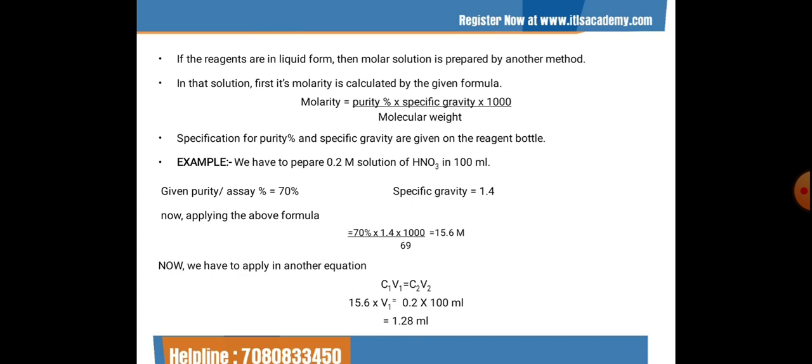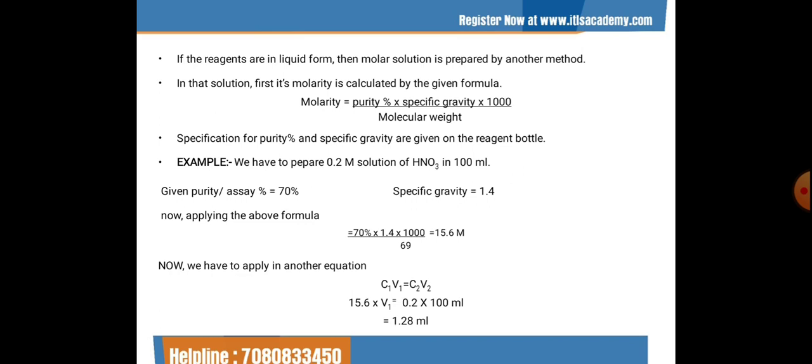You should keep in mind whether you are making a solution taking the solute as a solid material or liquid material, and it is for you to keep in mind at which place you have to use which formula. Therefore, if the solid form of solute is present, you have to use that formula.